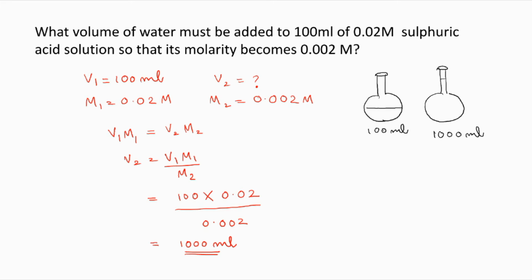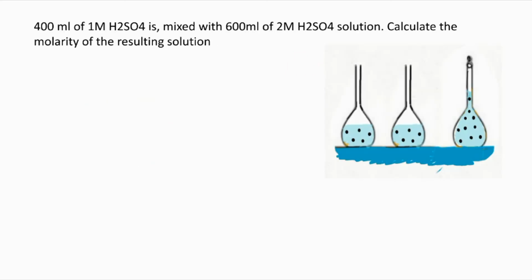The answer is 1000 minus 100, that is 900 ml. If it comes as a multiple choice question, they will give 1000 ml as the first answer, so you should think about it and answer. The correct answer is 900 ml. That means 900 ml of water you will have to add to the initial solution to make the molarity 0.002 molar. Easy? Yes.